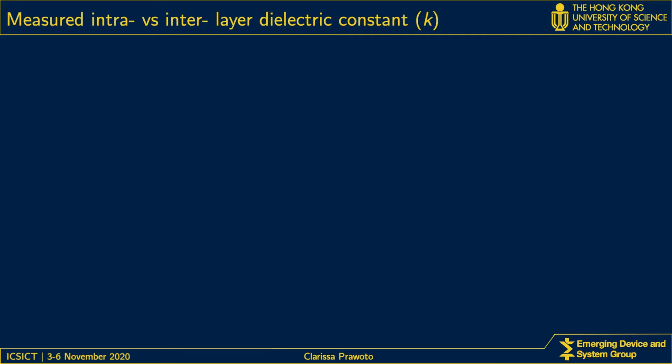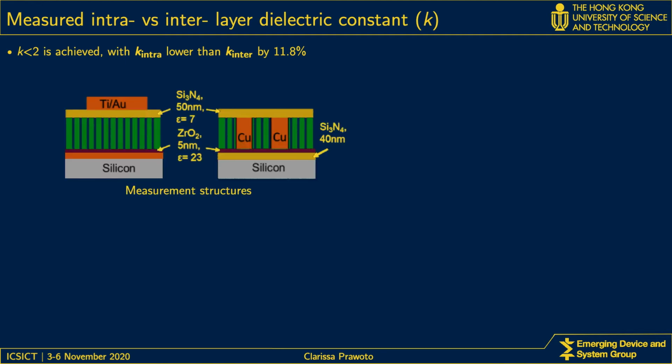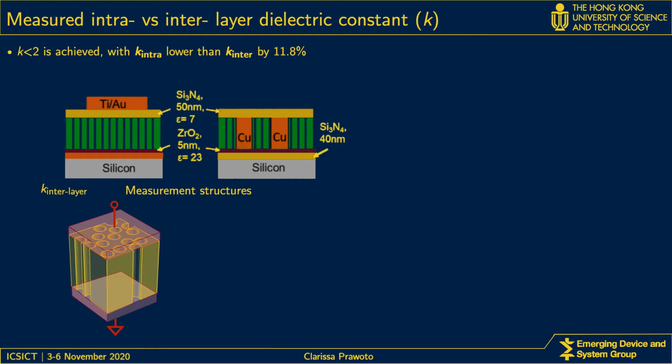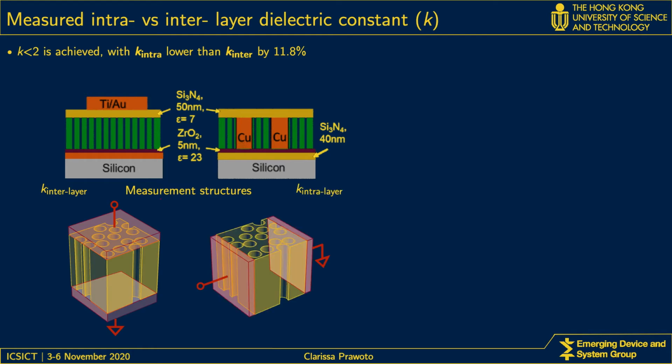Here we show measurement results to demonstrate that the intralayer K is indeed lower than the interlayer K. First, both K are less than 2, with intralayer K 11.8% lower than the interlayer K. The measurement structures are shown here, which measure the interlayer capacitance on the left and intralayer capacitance on the right.